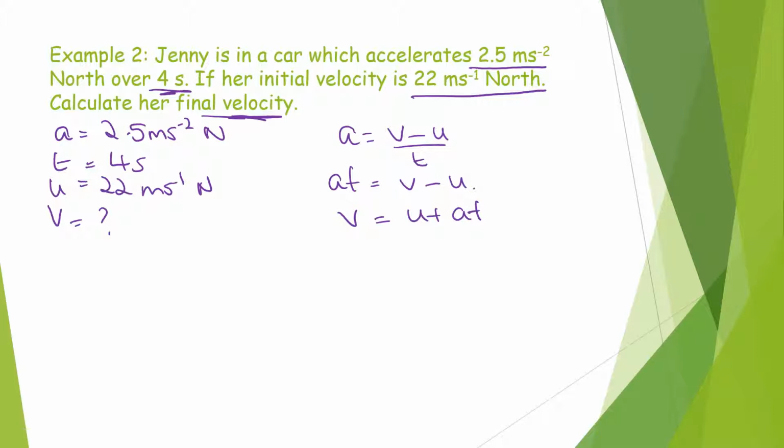So now let's substitute in. The initial velocity was 22, add 2.5 times 4, and this comes out to 32 meters per second. Now remember, velocity is a vector, so it must be north. So please provide a direction.